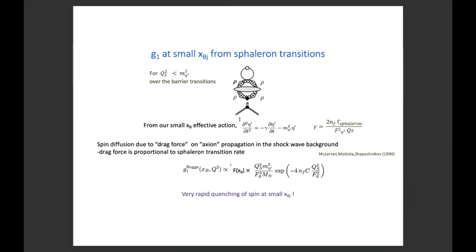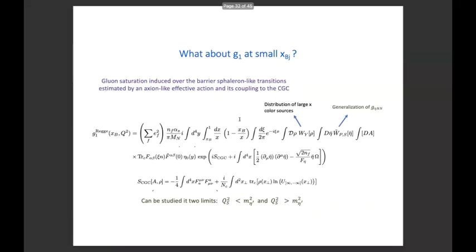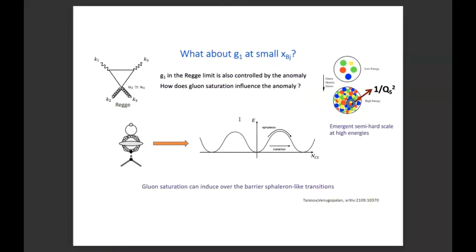What you can see is that this G1 is actually given by the sphaleron transition rate. As I mentioned, the quark helicity is proportional to the topological susceptibility. But if you go to very high energies, that's like having a high temperature inside the proton, and you can have over the barrier transitions between different vacua.